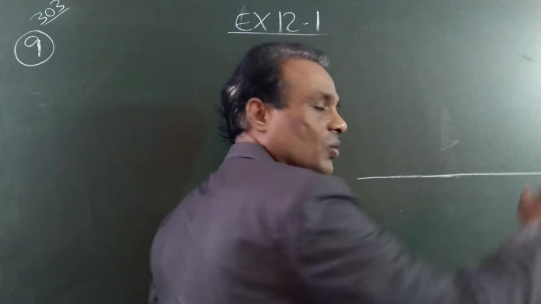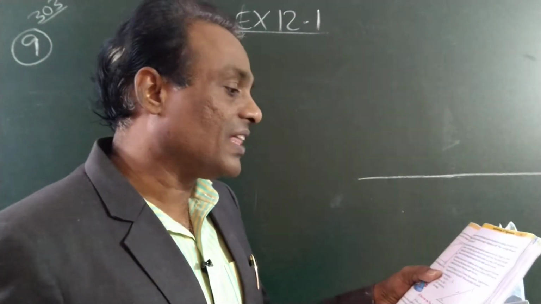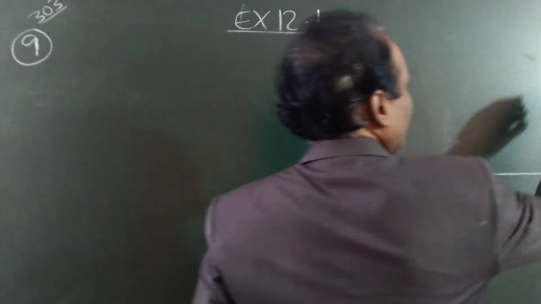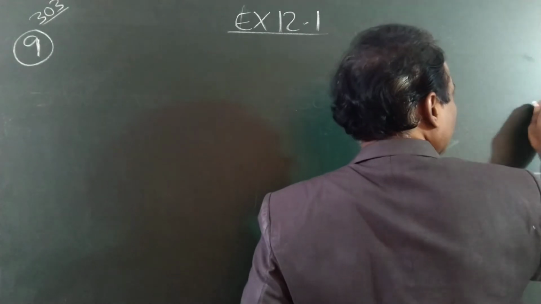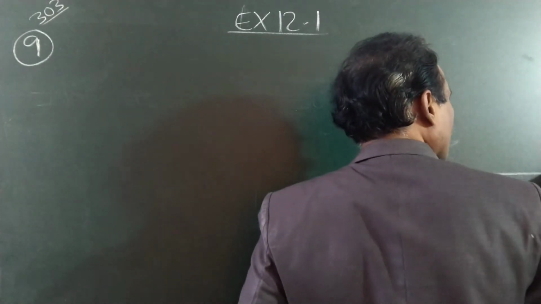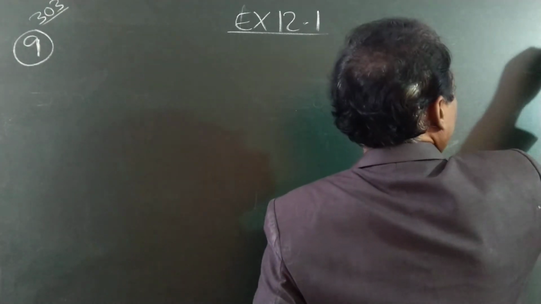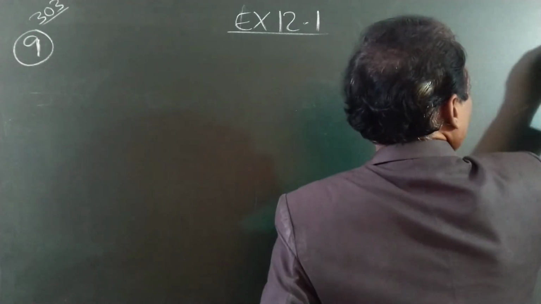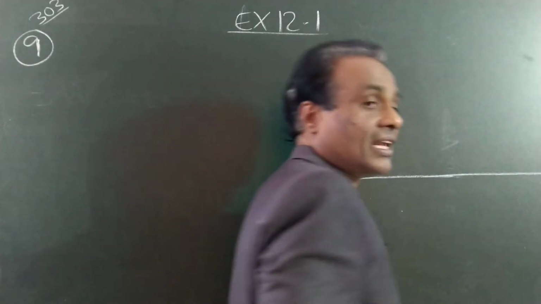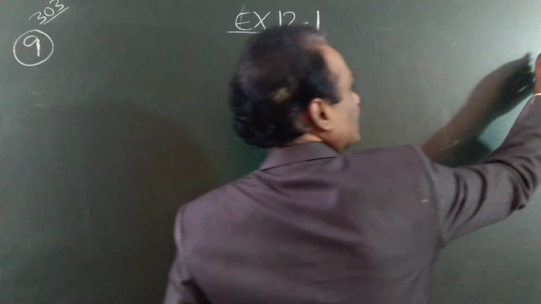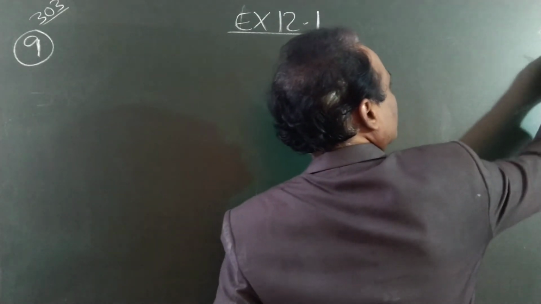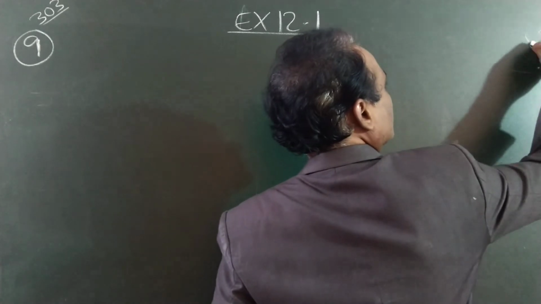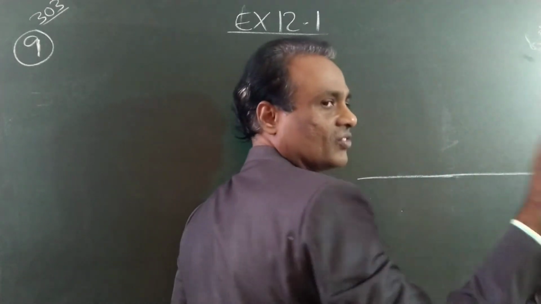This is the ground. There is a palm tree. Don't draw like this, this is just for explanation.